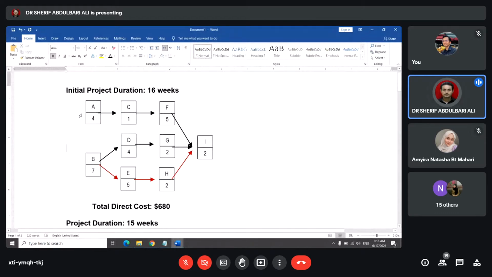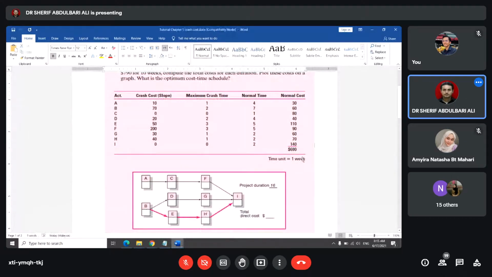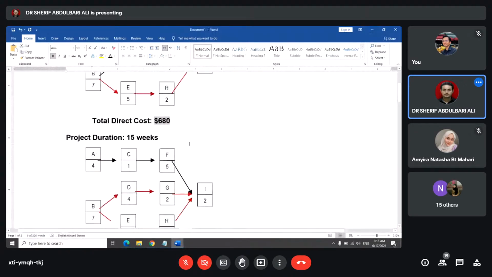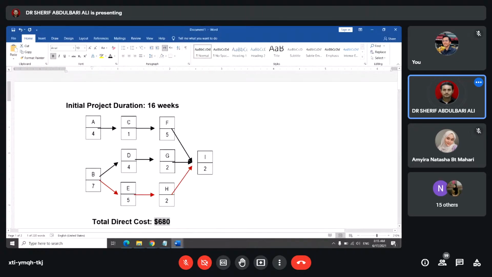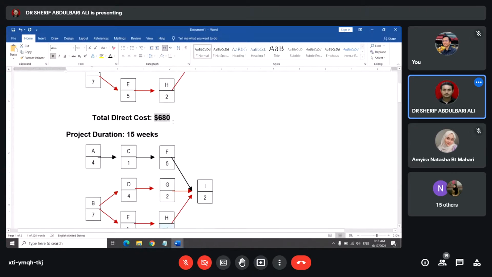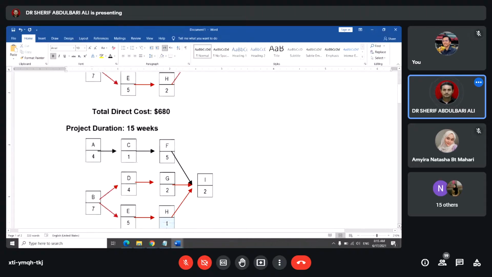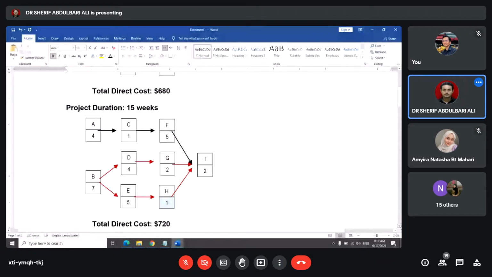So you can see this is the AON, and when you are going to calculate the total direct cost, the essential ones came from the question itself, 680. So when you change the duration from week 16 to week 15, these are the values that you are going to use: 4 days, 1 day, and 5 and 2.